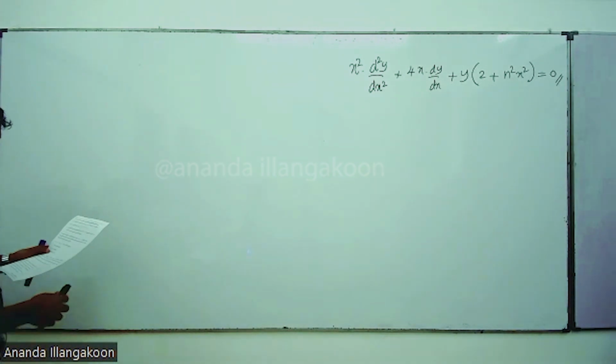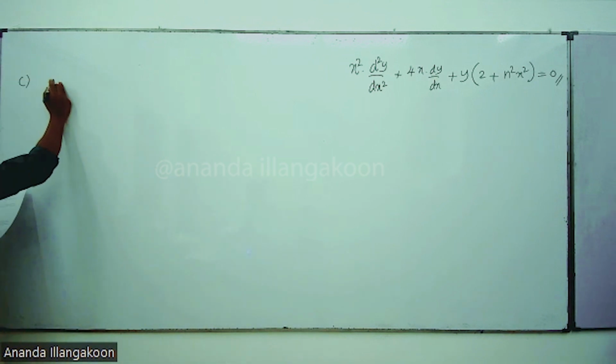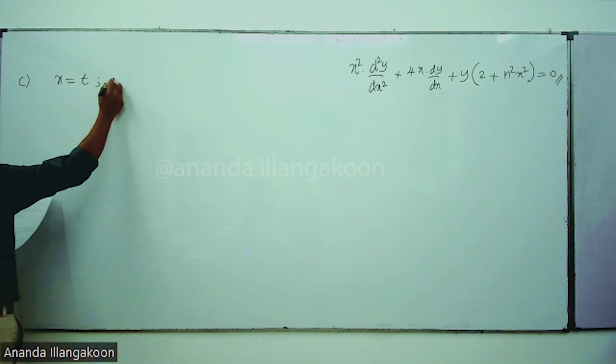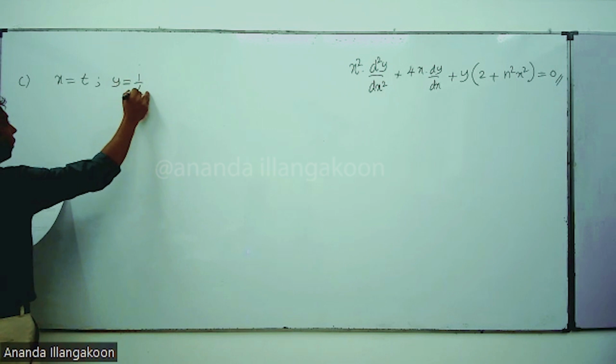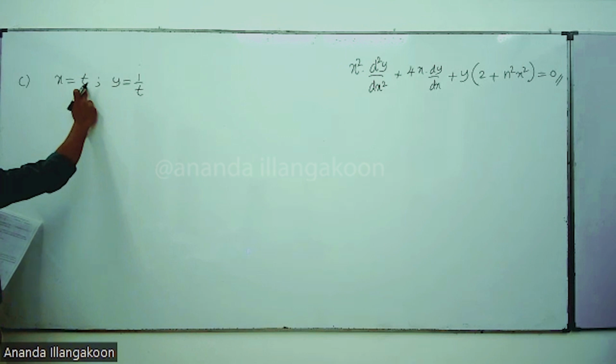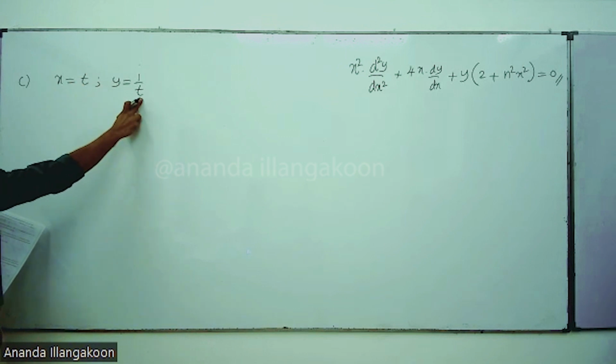Yeah, the curve: x coordinate is given by t, y coordinate is 1 upon t. Right. And now really, when I substitute, the same t only here we have.